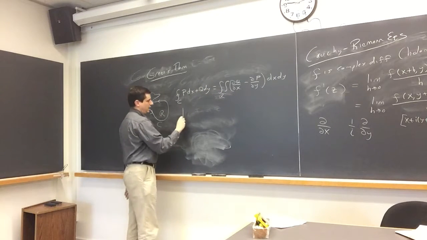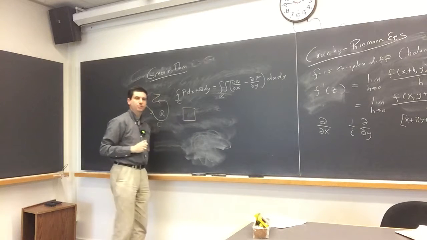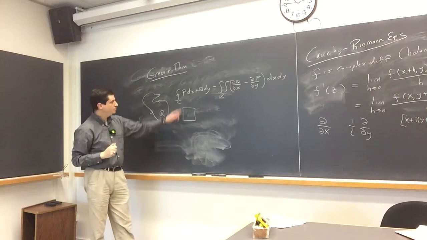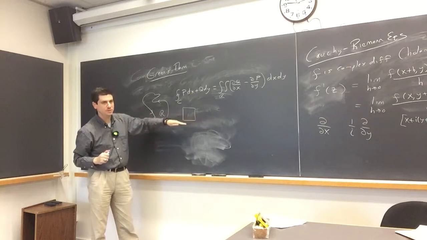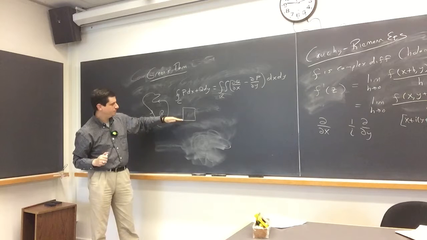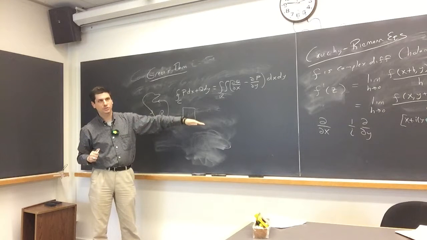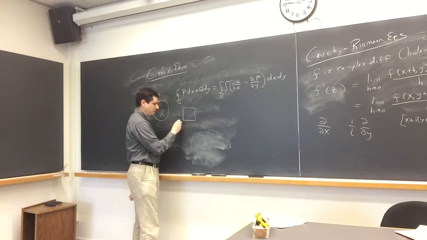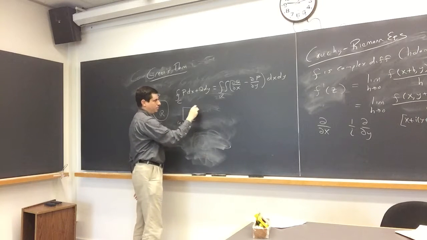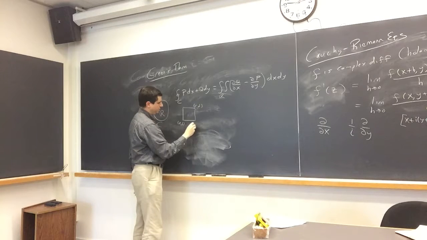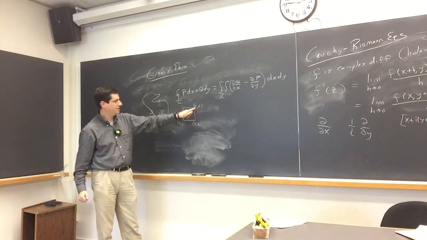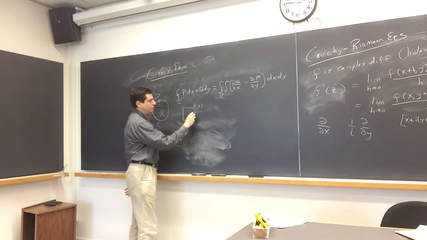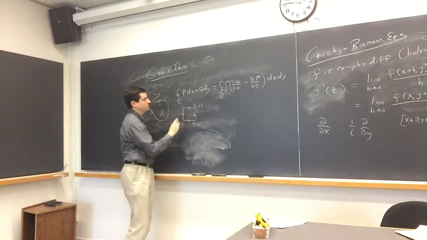The best way I know to prove it is you first prove it for a rectangle. And when you prove it for a rectangle, when you're integrating P dx plus Q dy, on this piece only the P dx matters, and you're going from A to C. And then here, you have to remember you're going through it in a certain orientation.